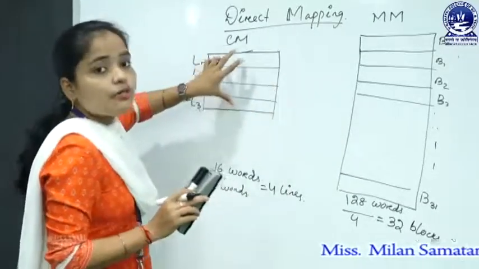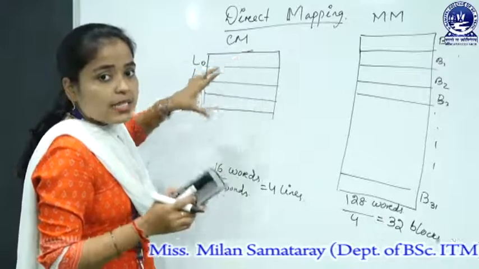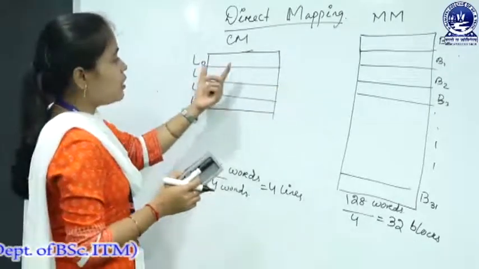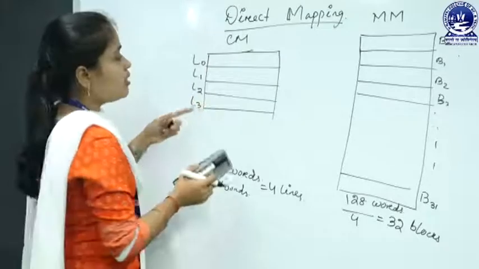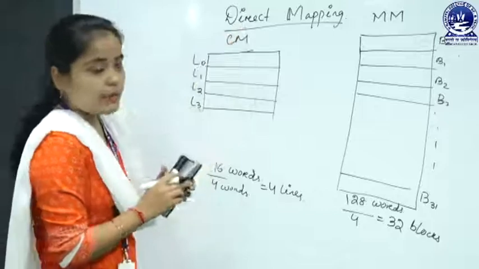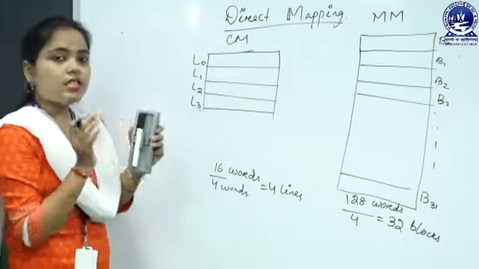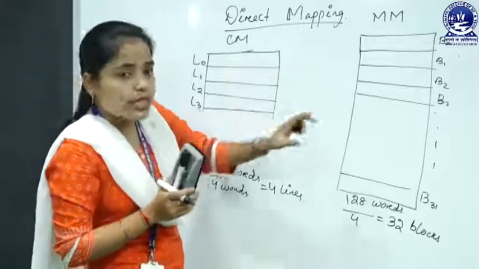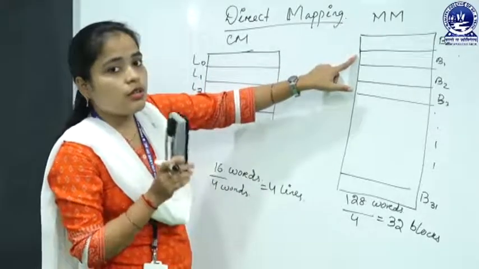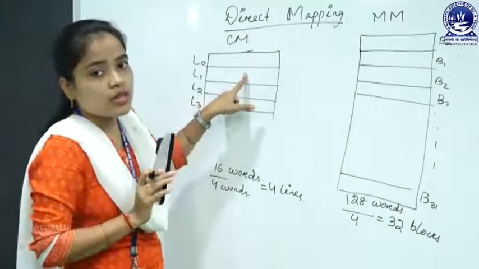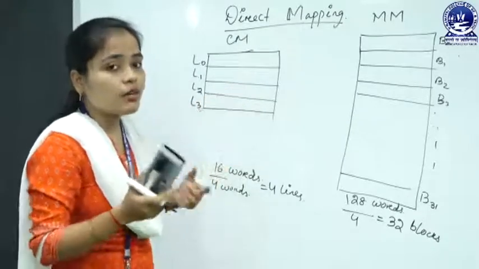into these 4 lines. So let us see which blocks can be stored in line 0 and which blocks are stored in line 1. In the direct mapping concept, the location is fixed. That means there is a location in which, whenever B0 is brought into the cache memory, it has to be stored. And how will we get that location?